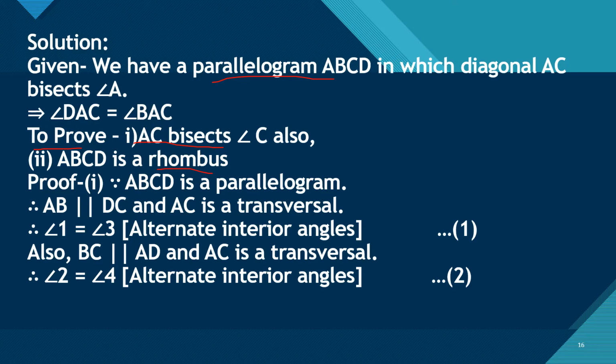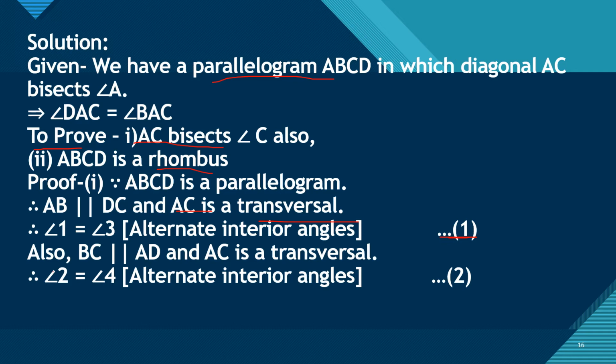Now the proof part. First, ABCD is a parallelogram. Therefore AB is parallel to DC and AC is a transversal. Therefore angle 1 is equal to angle 3, alternate interior angles, equation 1. Also BC is parallel to AD and AC is a transversal.